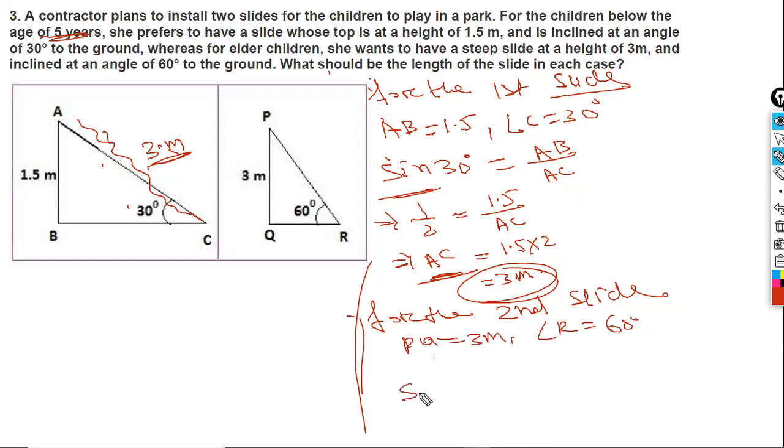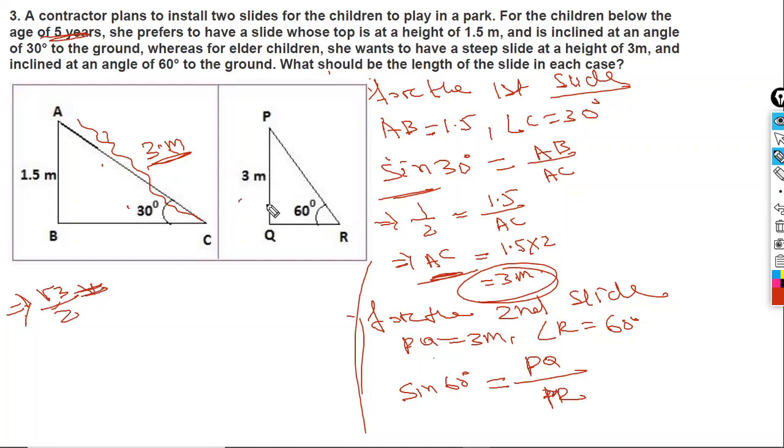Then again we will write sin 60 degree is equal to PQ by PR. Implies sin 60, you know that root 3 by 2, is equal to PQ by PR.